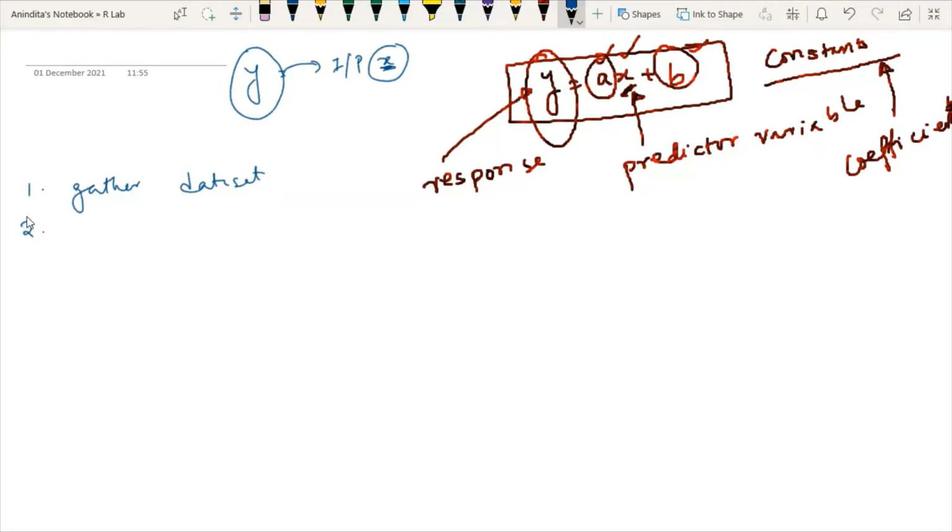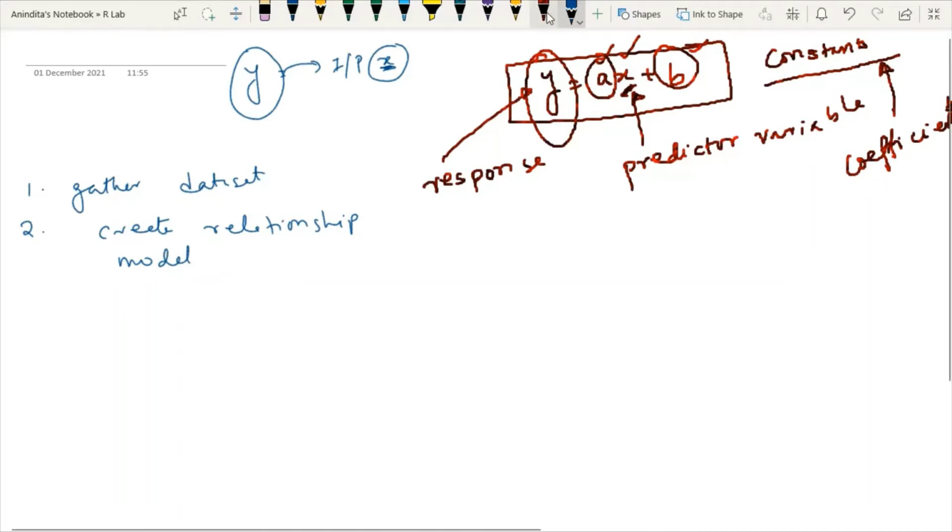The second step is to create a relationship model. This relationship model is created in R using a function known as the lm function.